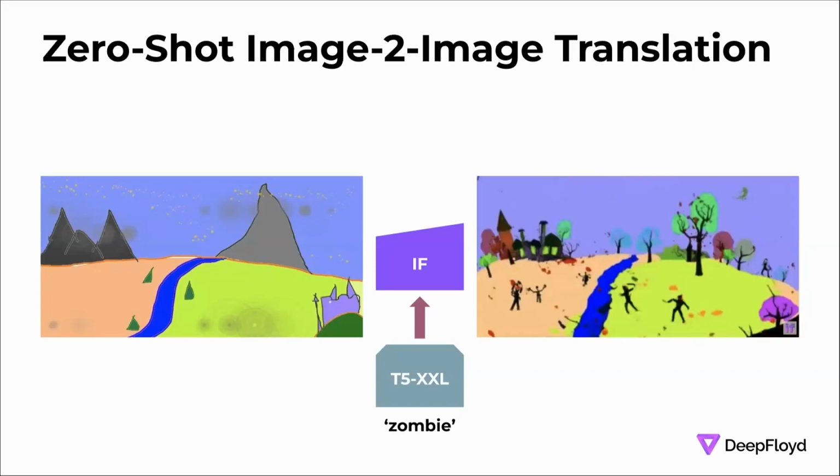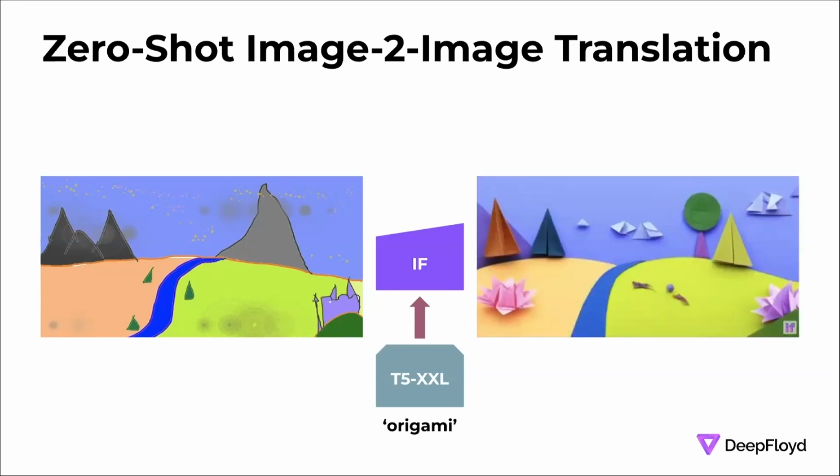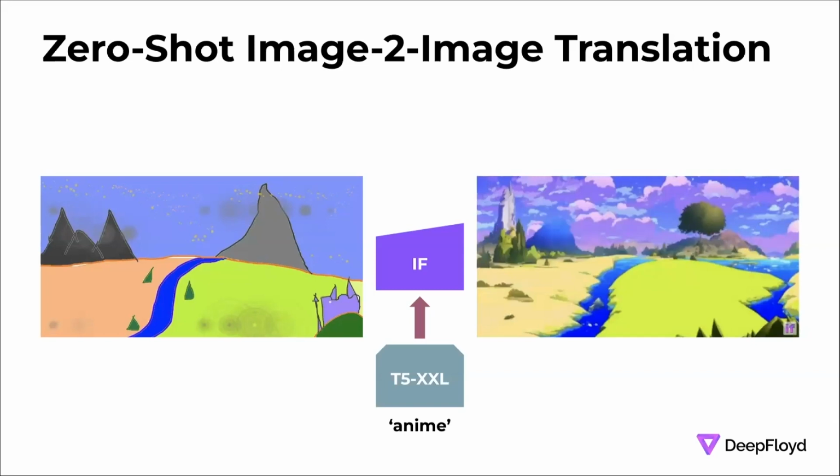So, for instance, we can use not only Minecraft, but we can put in other styles like zombie or origami or anime and so on. So with the knowledge of this large language model T5-XXL and the capabilities of diffusion models, we can really get this result.